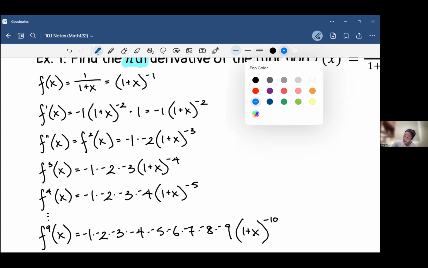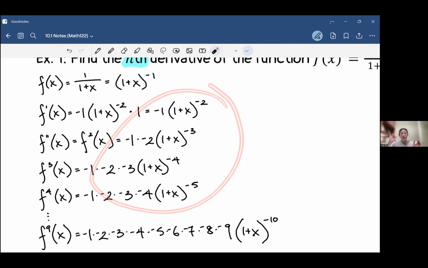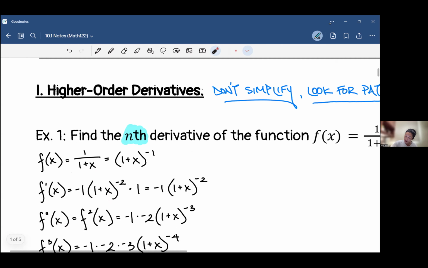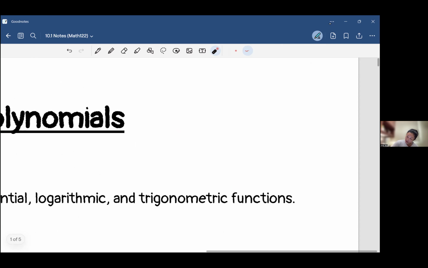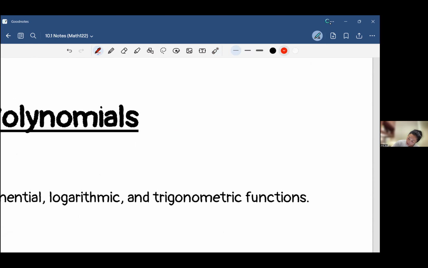Now, let's do one better. What we're going to do now is we're going to take these derivatives and we're actually going to write them in a more clever way, okay? So before I show you how to write it in the clever way, there's one more thing I want to talk to you about, which is this idea of something called a factorial.